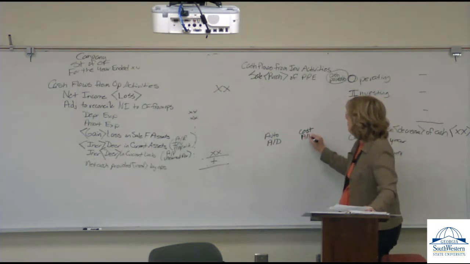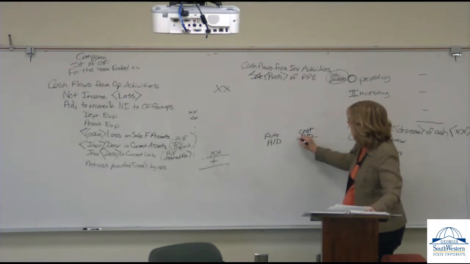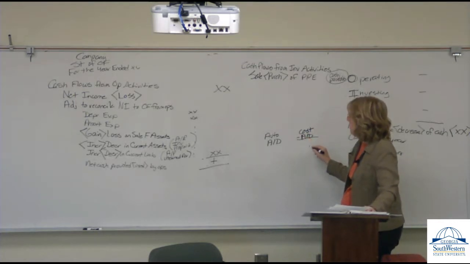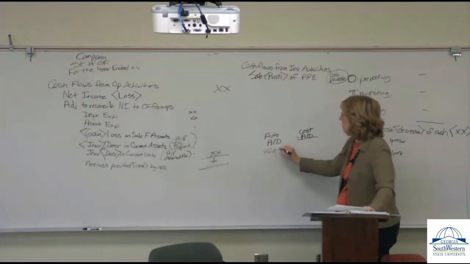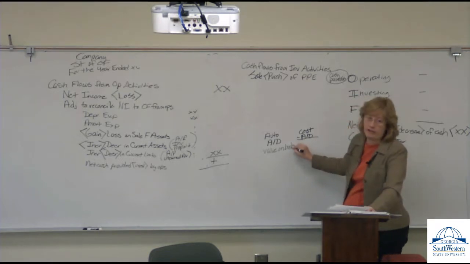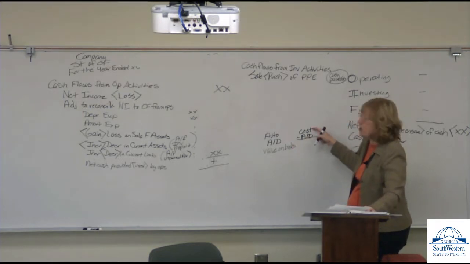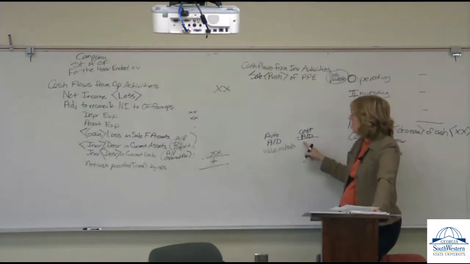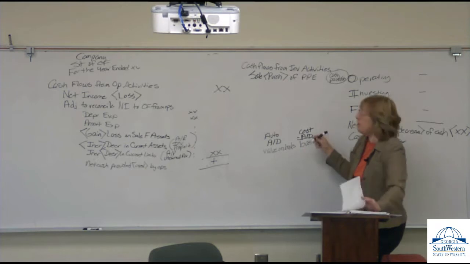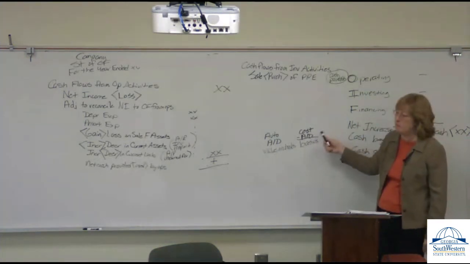So your cost minus your accumulated depreciation is the value on the books. People call this the carrying value, okay? This value, cost minus depreciation, is what's on the balance sheet, right? The carrying value is this value on the books. Or sometimes people call it the basis, okay? So the basis is the cost minus depreciation.